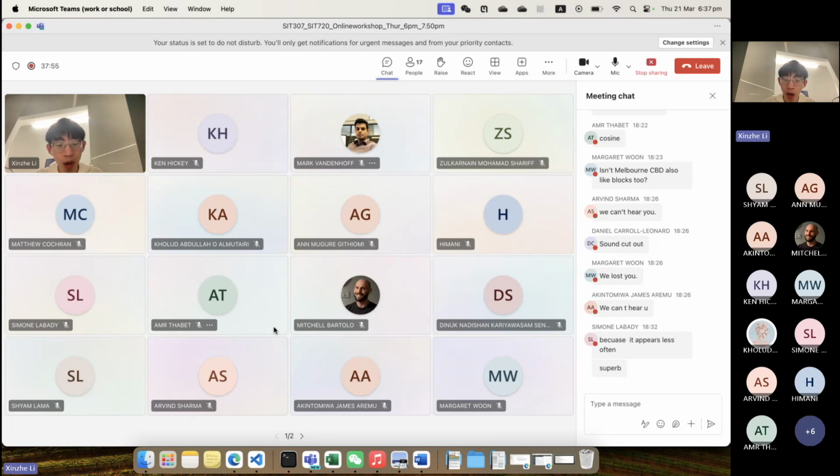Anyone know how we calculate the cosine similarity? I'll give you 15 seconds, maybe you can go through Google, you can search for it, look at wiki.